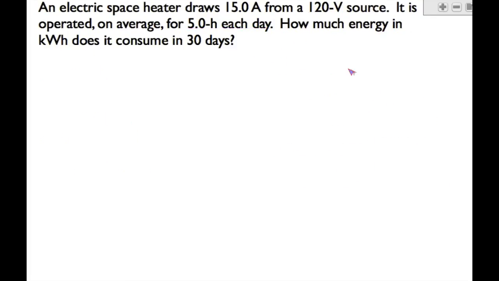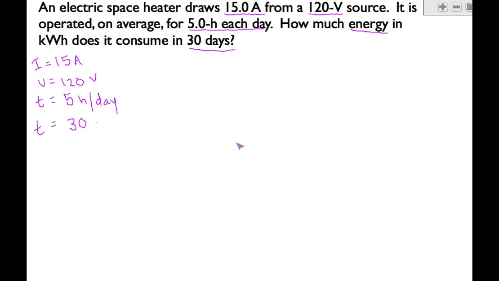Now, we have the same problem. We have our 15 amps, 120 volts, 5 hours a day, and then they want to know how much energy we're going to use in 30 days. So let's write down what we know again. We know 15 amps. We know 120 volts. We know 5 hours a day. And we also know another time, which is 30 days.